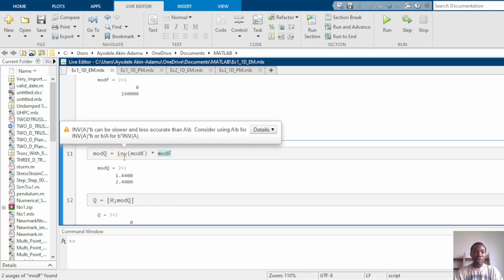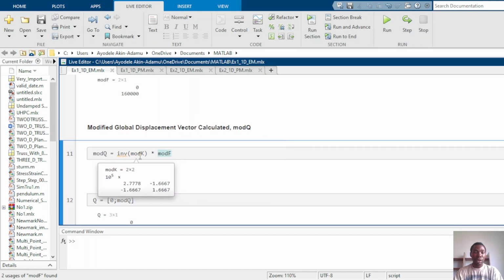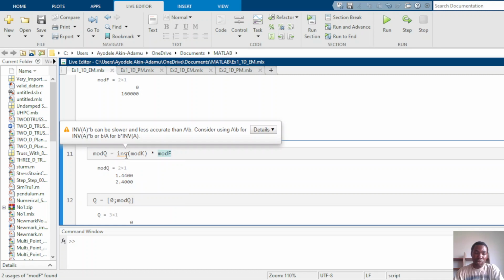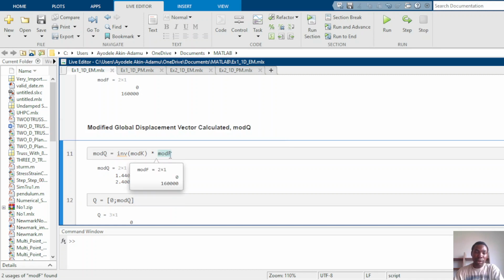So I'll say inverse of mod K, putting mod K as an input variable in the inverse function. I'm multiplying the result by mod F. I get my modified global displacement vector calculated, given as a 2x1 matrix, 1.44 and 2.4.